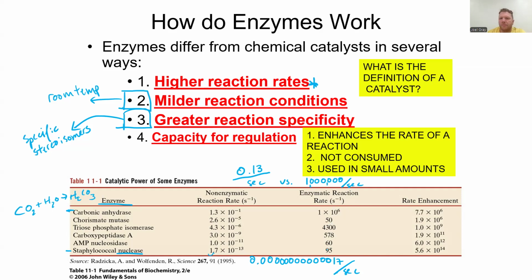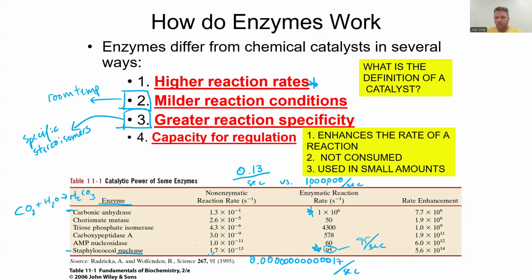Meanwhile, with the enzyme present, staphylococcal nuclease taking DNA and RNA down to individual nucleotides, it's going to be done 95 times per second. Now, this number and this number are worth recognizing as being considerably different from one another, but they're catalyzing different reactions, and that's kind of an apples to oranges comparison.